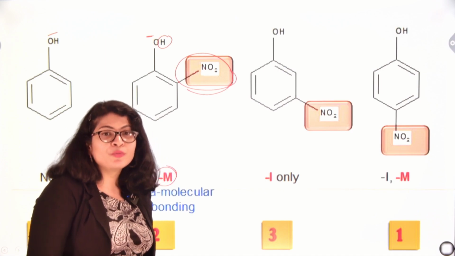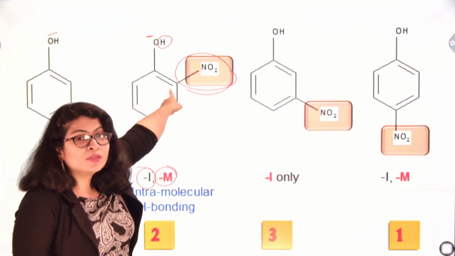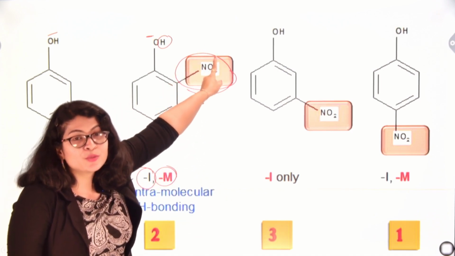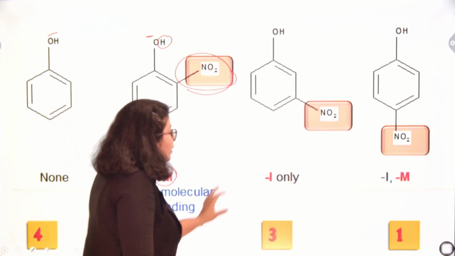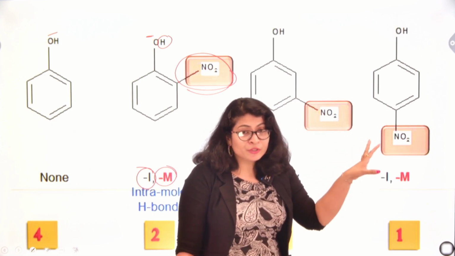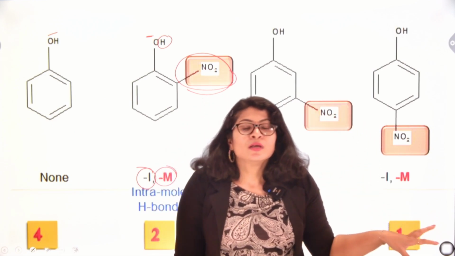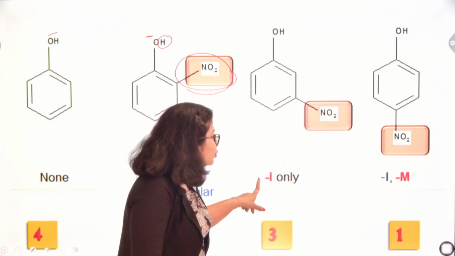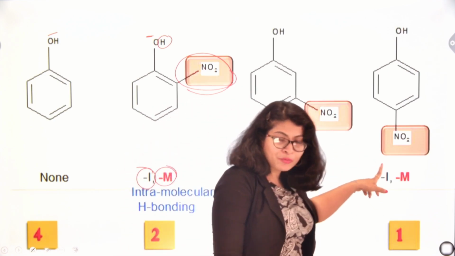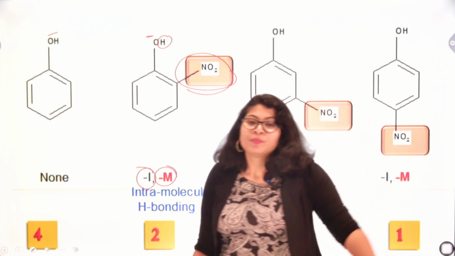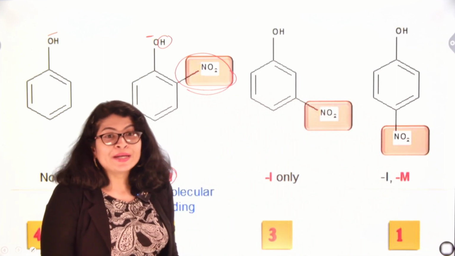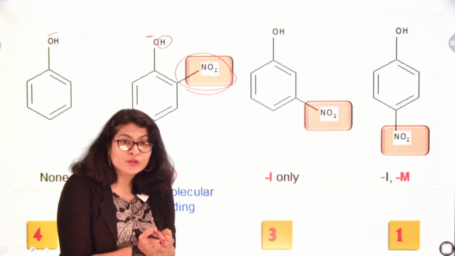As a result, it does not allow the liberation of this proton to go to a further extent. In case of metanitrophenol, only minus I effect is shown. In case of paranitrophenol, minus I as well as minus M effect is shown. Here the nitro group acts as the electron withdrawing group.